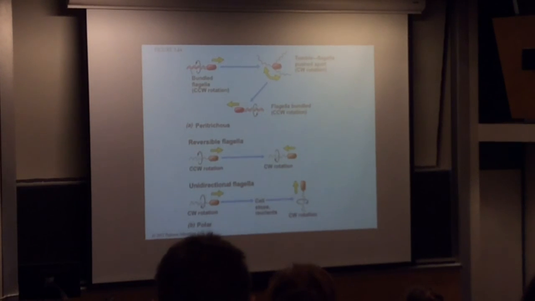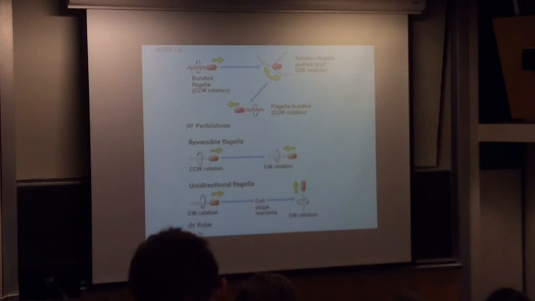And if it wants to reverse, it can actually go back, so it rotates the other way. Okay? And then some bacteria, even though they have polar flagella, cannot rotate in the reverse orientation. So then it will do pretty much the same thing as here.